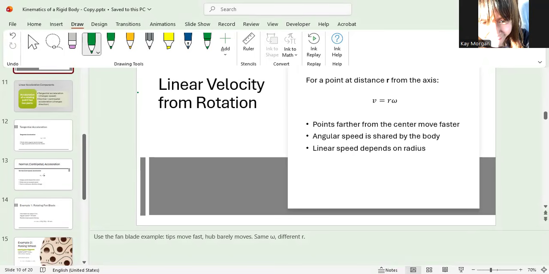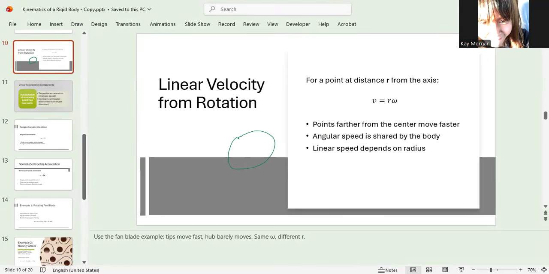Let's make the axis of rotation there, and then we make a point right here, and we call that distance R.